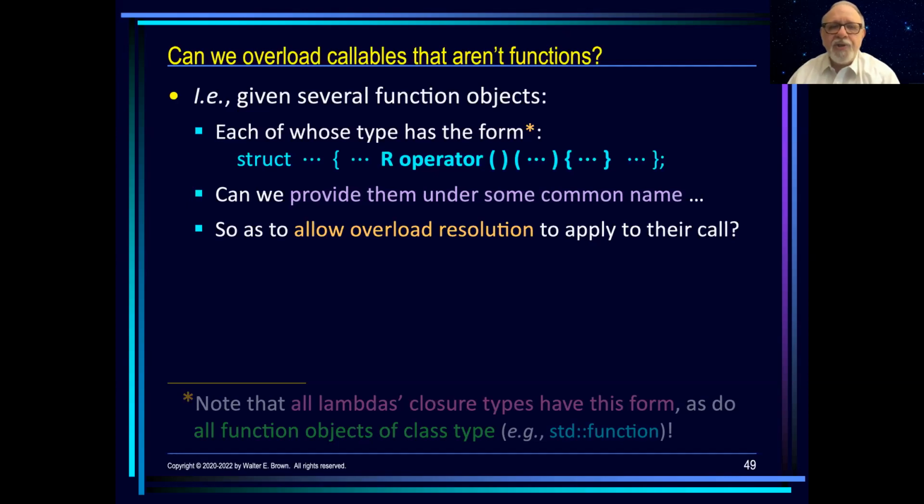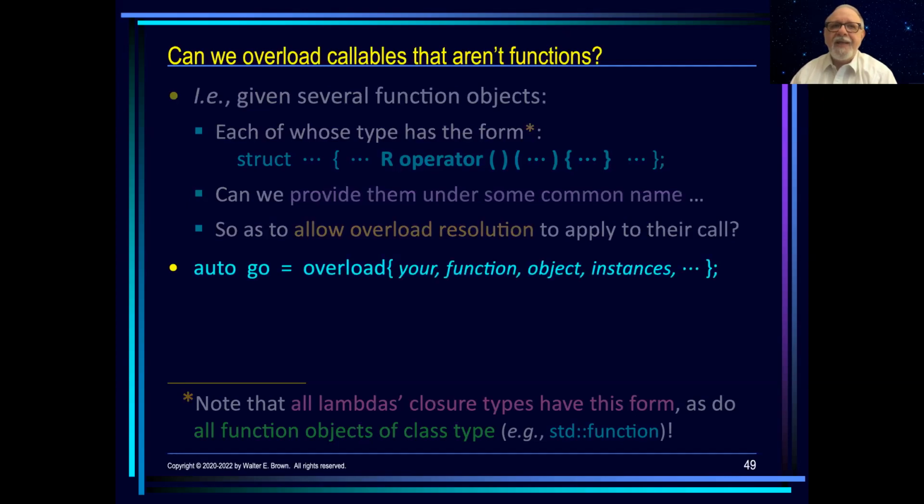So what I'd like to do looks something like this. I'd like to declare an object named, let's say, Go, of some overload type, which I instantiate by providing my function object instances. Not the types, the actual instances of the function objects.